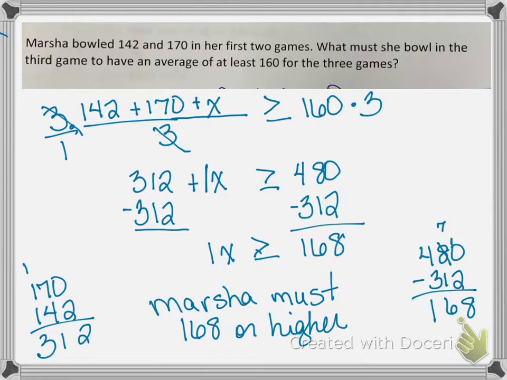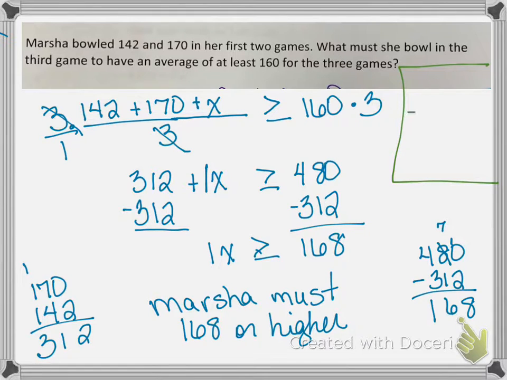Yes, ma'am. When would the signs change? In this situation, it won't, but you're just asking in general for inequalities, when does it change? It changes when you divide both sides by a negative. This is a completely different problem, guys.